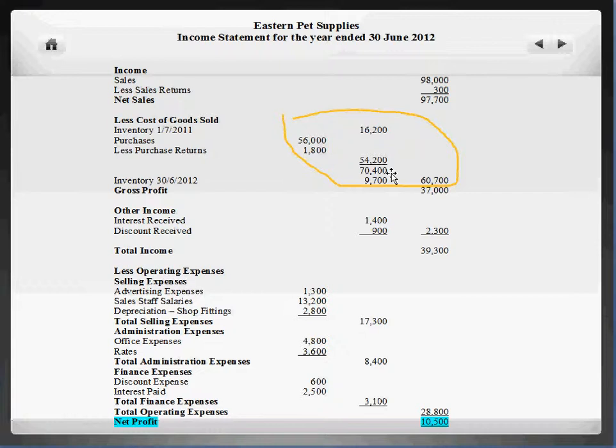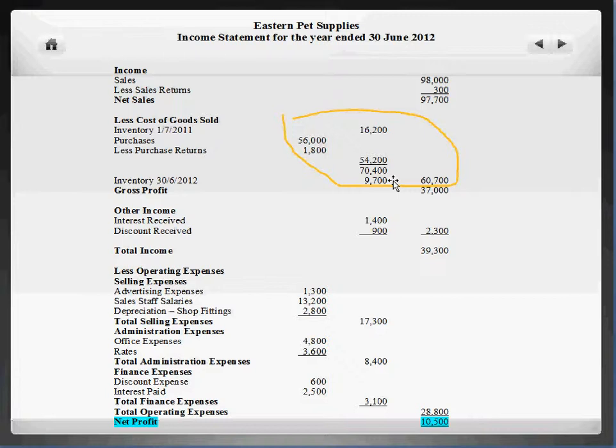Now, the second component is to subtract our closing inventory, which is 9,700. 70,400 inventory available for sale minus our closing inventory, 9,700, is our cost of goods sold.